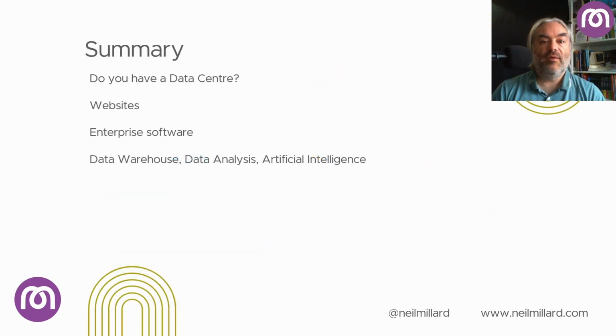So as you can see, the question I asked in the last video, do you have a data center, features quite a lot in the decisions here. If you don't have a data center, then obviously we would use the cloud all the time. And in that case, we would scale down the resources to the absolute minimum when we're not using them. You don't want to pay for something you're not using. But the other workloads I've described in this video, like the websites, we can scale up and scale down based on demand.